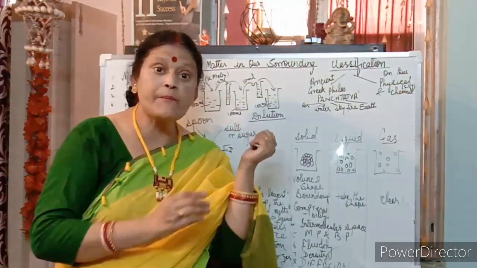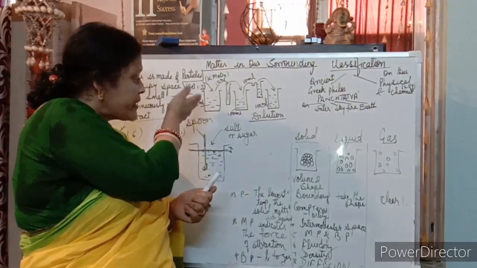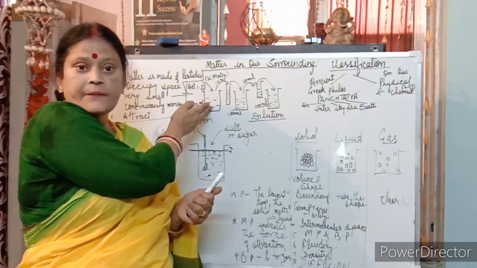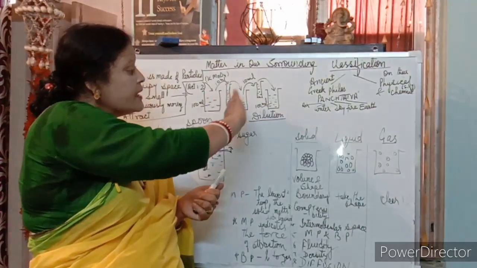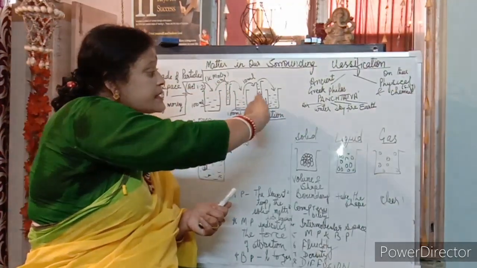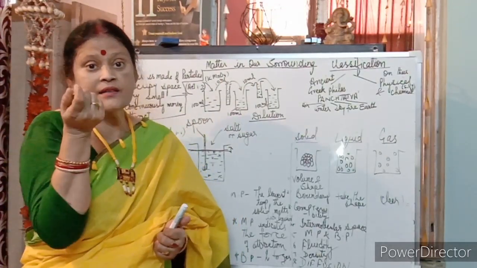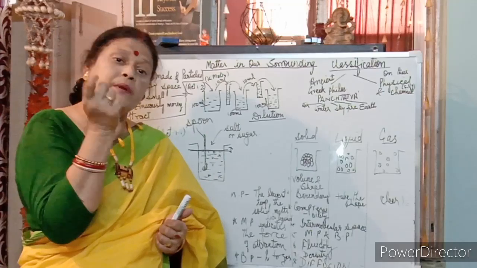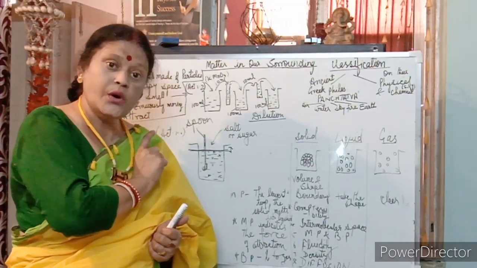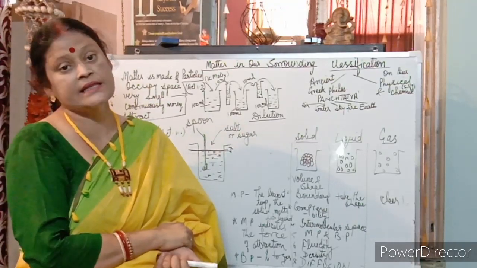Because the particles are decreasing. When we start from here, the number of particles is greater. As we continuously take 10 ml and dilute it in water, the particles keep on decreasing. That shows there are particles which are very, very small, but by the fading we can come to know that the number of particles is decreasing.